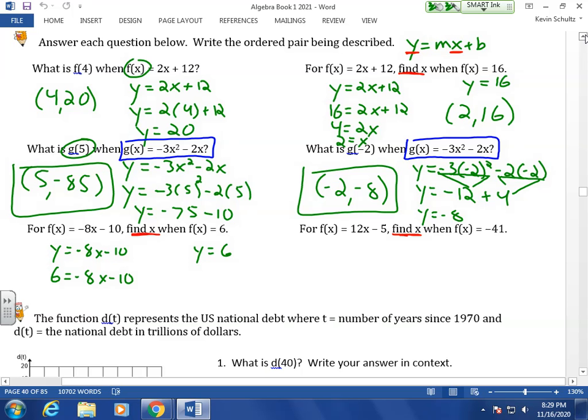Again, opposite operations. We're going to add 10 to both sides. 16 equals negative 8x. Divide both sides by negative 8. And we get negative 2. So the ordered pair negative 2, 6. Negative 2 is the input we need to make the function equal 6.